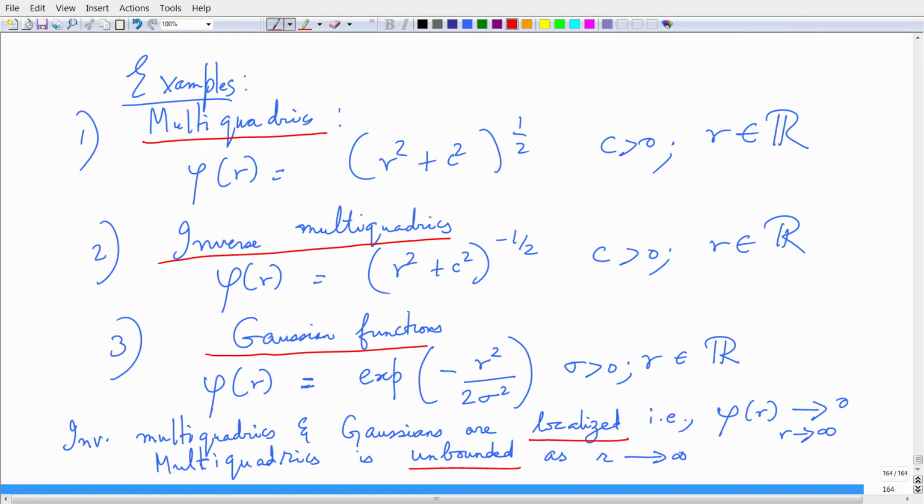These functions, the inverse multi-quadrics and Gaussians, are localized, that is phi of r tends to 0 as r tends to infinity. That means, if you choose your radius to be very large, the function becomes localized or it shrinks to 0, and this has an interesting consequence in learning.